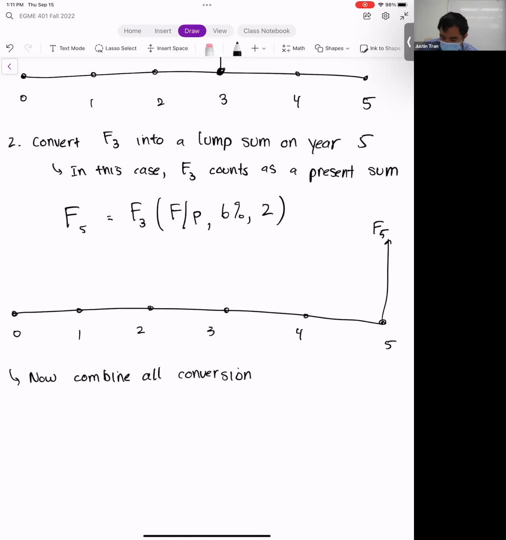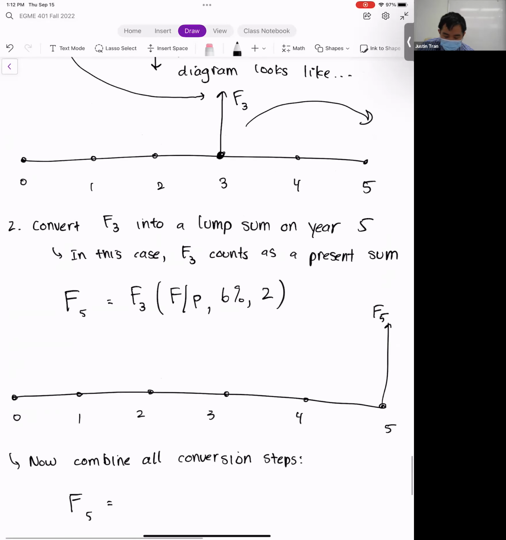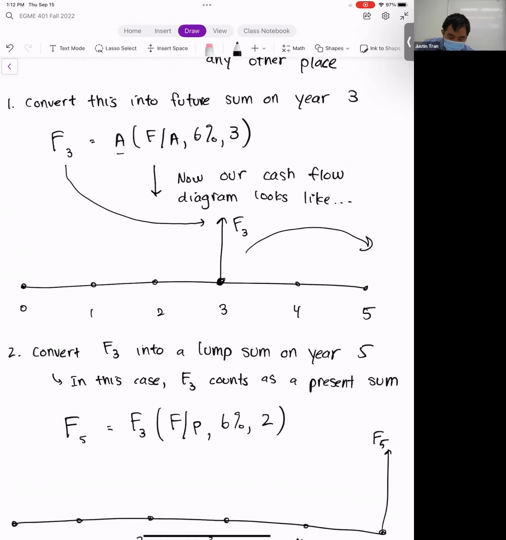All right, and so now that we've gotten the cash flow diagram into the form that we need, we can combine all the steps. All right, and so F5 is equal to F3 times F over P, 6%, 2, but we know F3 is equal to this right here.